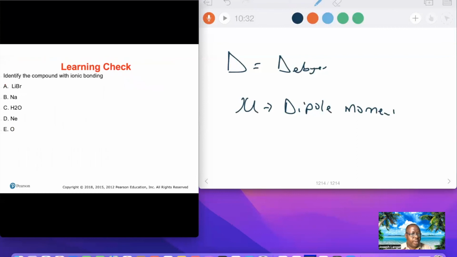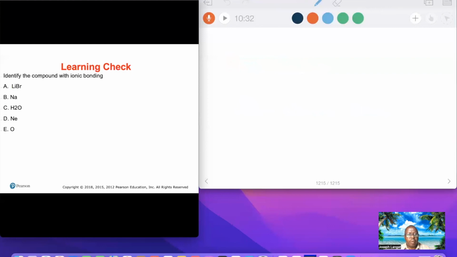Lastly, before we move on to section 8.5, drawing the Lewis structure for molecules: identify the compound with an ionic bond. Looking at the chemical formula for compounds, you should be able to tell which compound has an ionic bond.